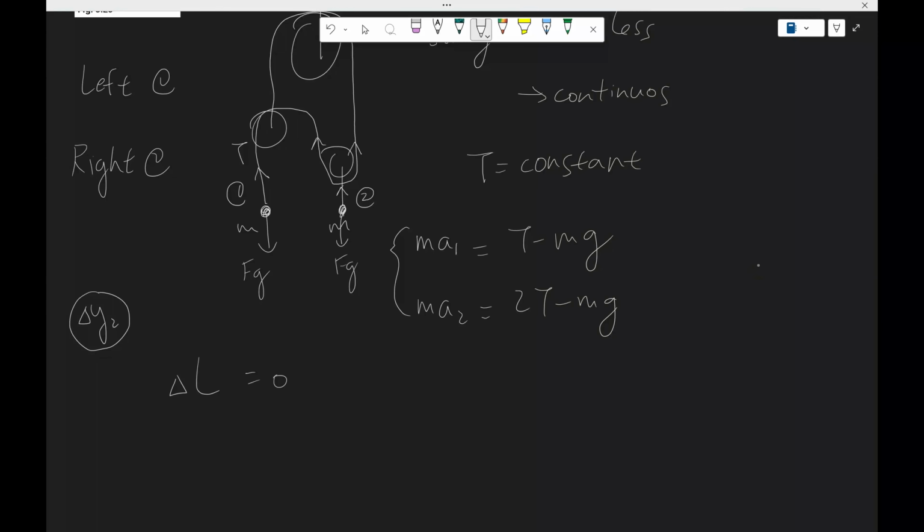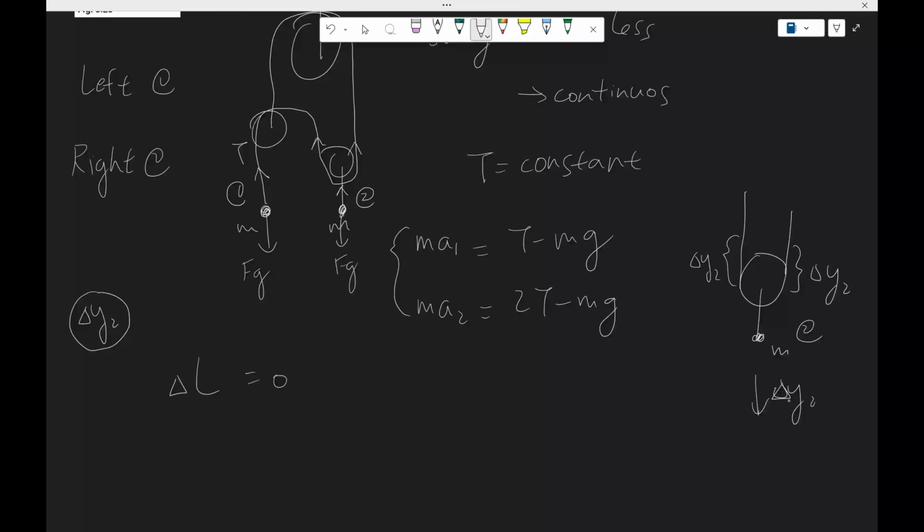So let's observe. You have a pulley here and two pieces of string connected here, and the mass 2 over here. So imagine if this mass goes down by delta y2. What happens to these two strings? Well, wouldn't this string go down by delta y2, and so does that side, go down by delta y2.